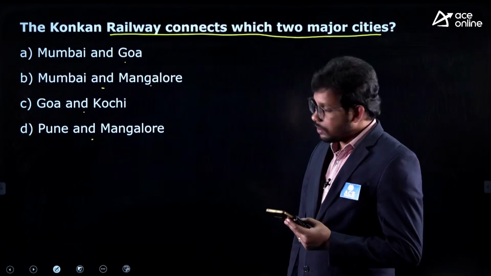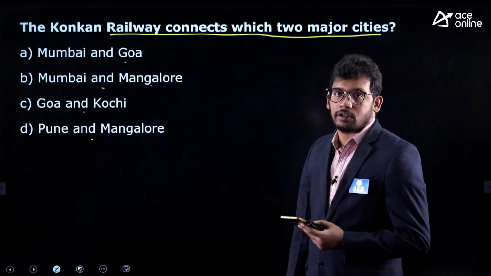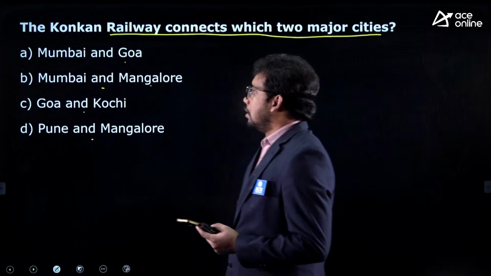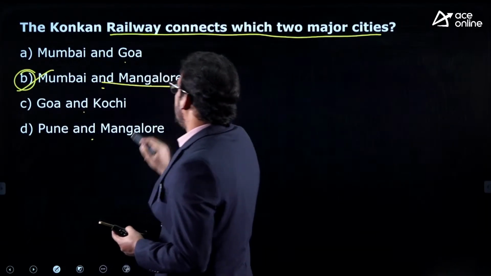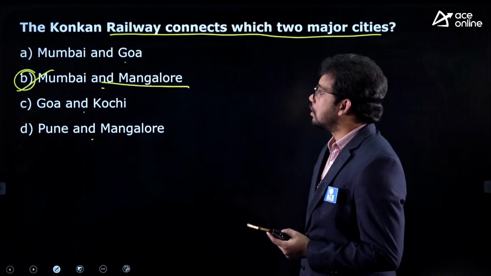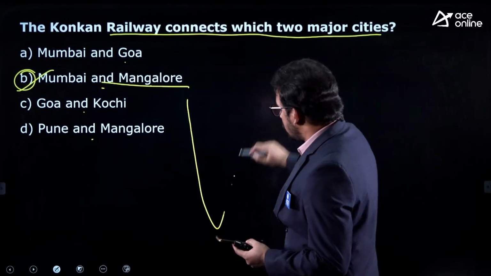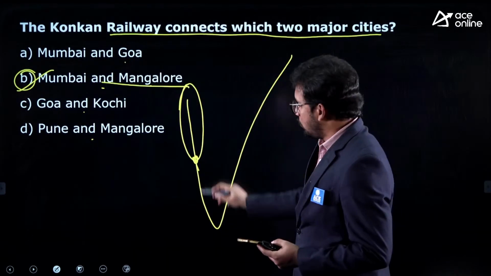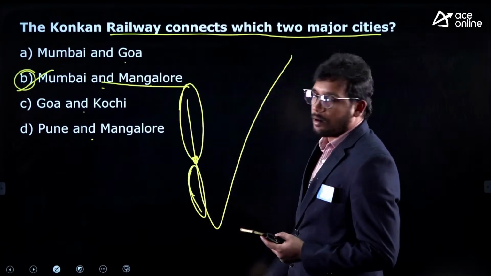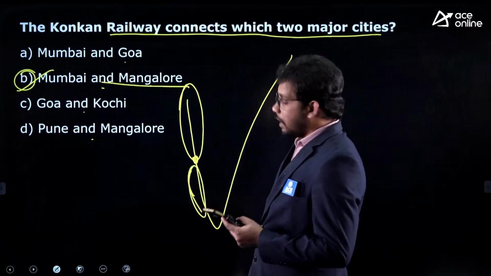So what are the end points of the Konkan Railway? It starts from Mumbai and ends in Mangaluru. This is the Konkan coast, starting from Mumbai till Mangalore. After that we have the Malabar coast. So the answer is B, Mumbai and Mangalore.